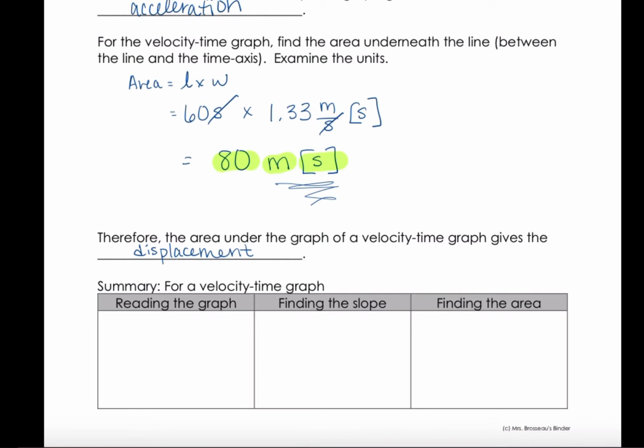Okay, so just to sum it up, when we read the graph of a velocity versus time, it's going to give us the velocity at a particular time. If we find the slope of the velocity versus time graph, this is going to give acceleration.